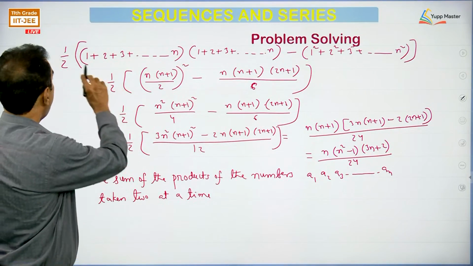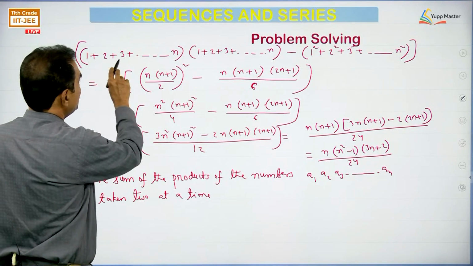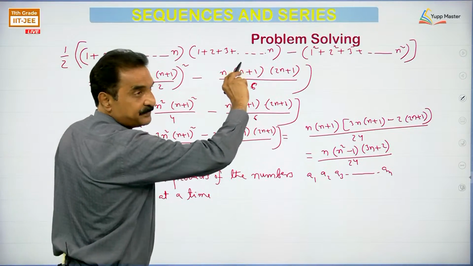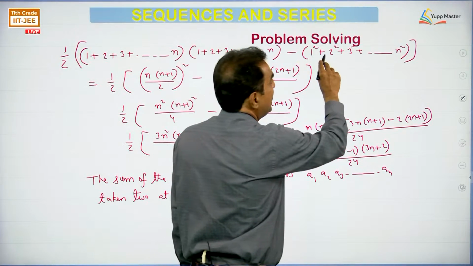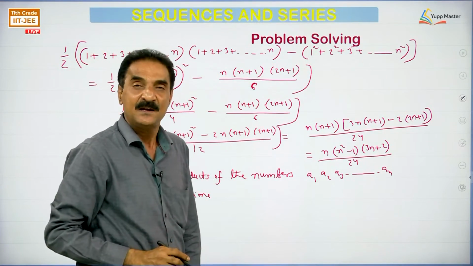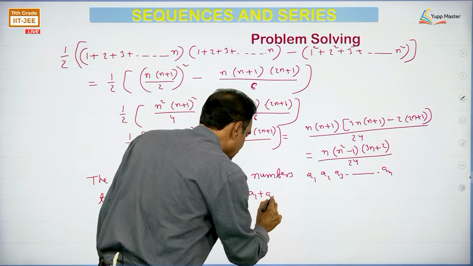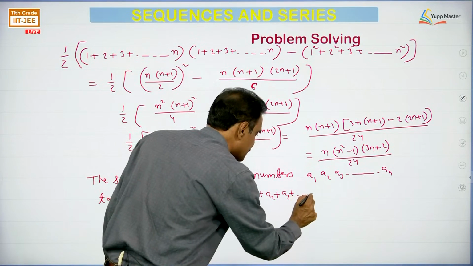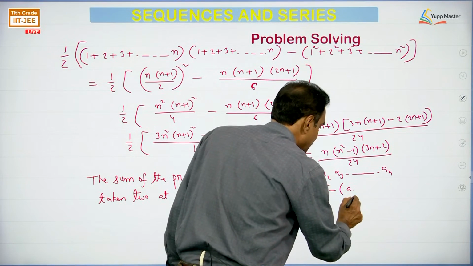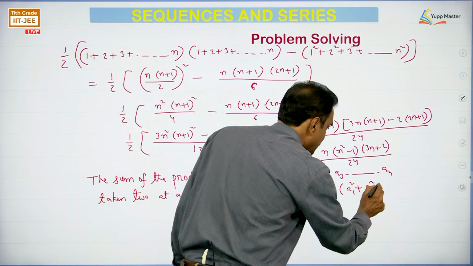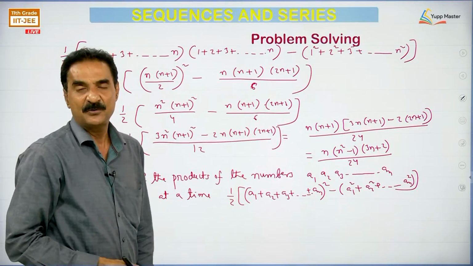So what will you get here? This formula is going to be half into (a1 plus a2 plus a3 and so on an) whole square minus (a1 square plus a2 square plus a3 square and so on an square). We can put it in sigma notation.